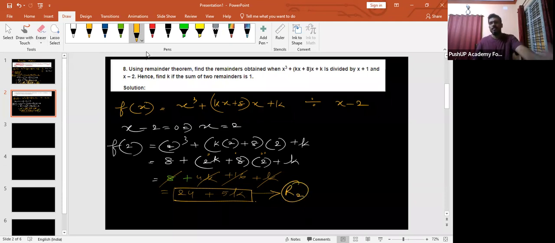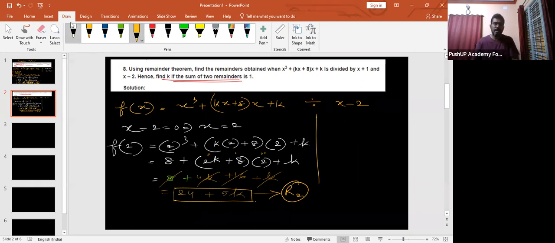Okay. So as I told you before, I'll first find the value of R1, then the value of R2, and then I will use this condition given to us. You have to find the value of k if the sum of the two remainders is 1. Sum of the two remainders.